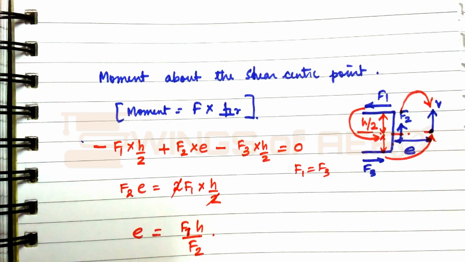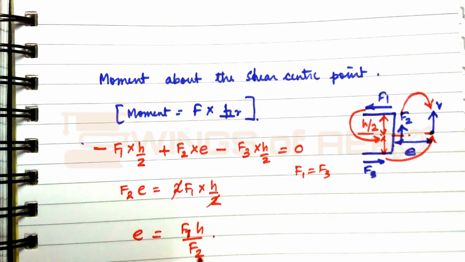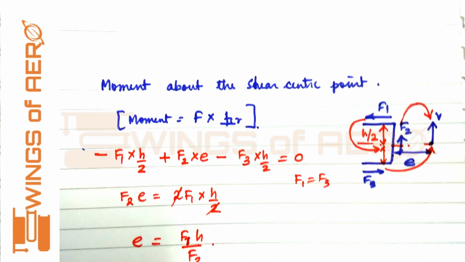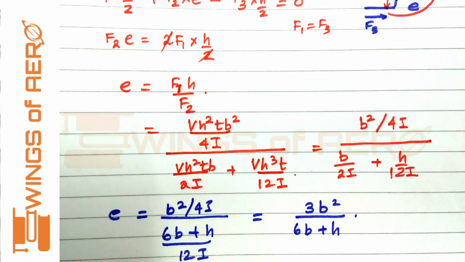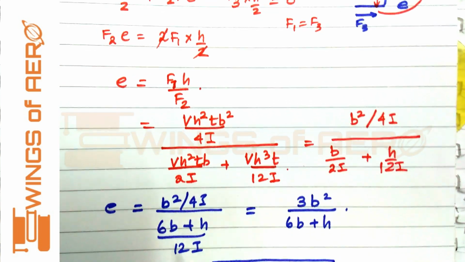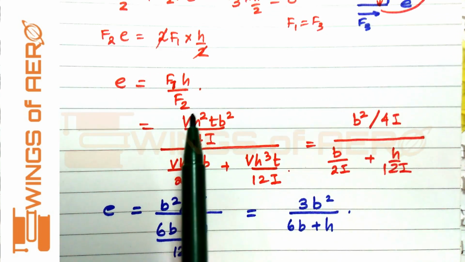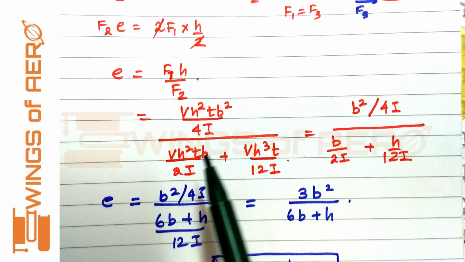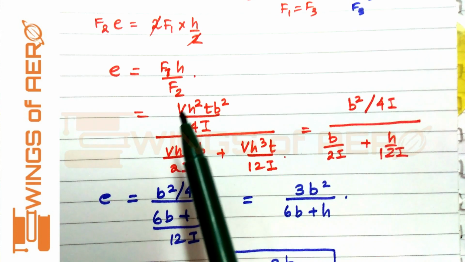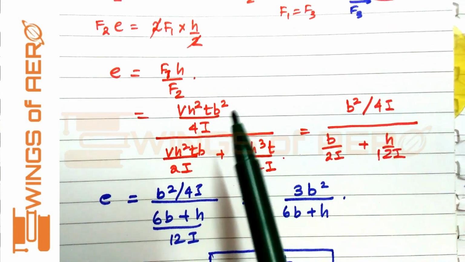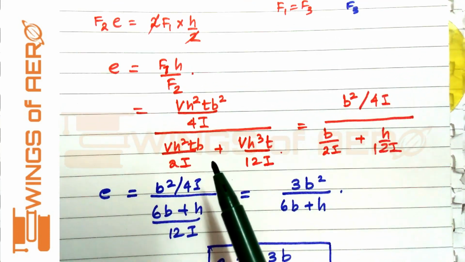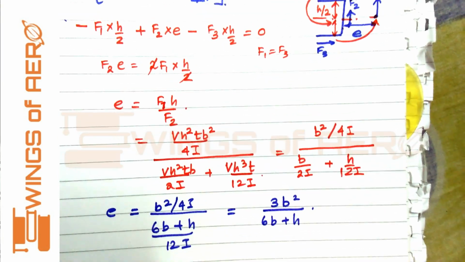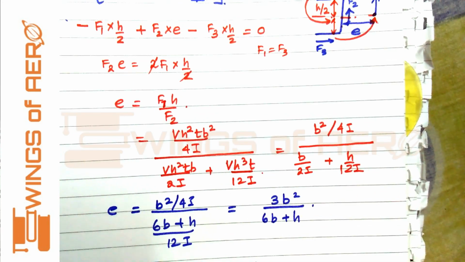Now substituting the values of F1, F2 and h, what we have done is E equals F1 h by F2. We have substituted the values of F1 and F2 and cancelled out the common terms, that is VH squared t, from both the numerator and denominator, and we got this. From here, let's take further simplifications.